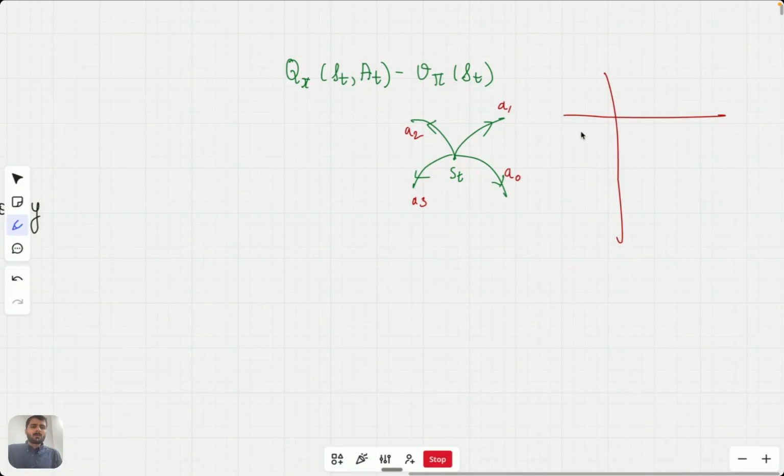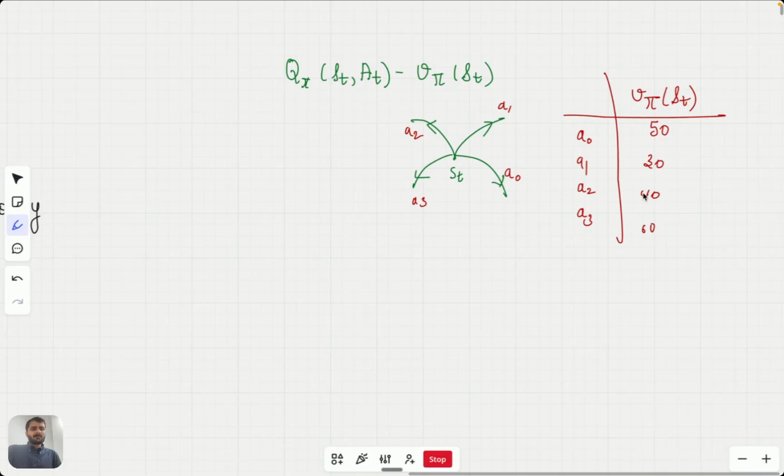Let's say the value of A0 is 50. And you look at the expected cumulative rewards for all these other actions, and let's say these are 30, 40, and 60.